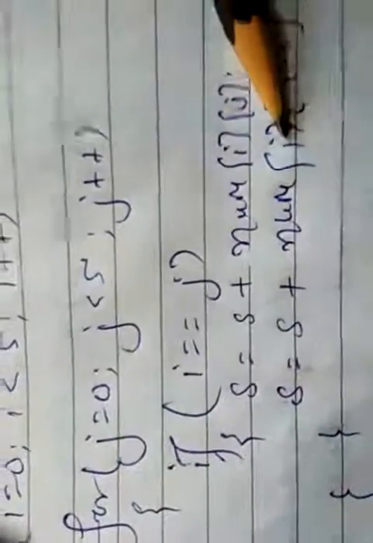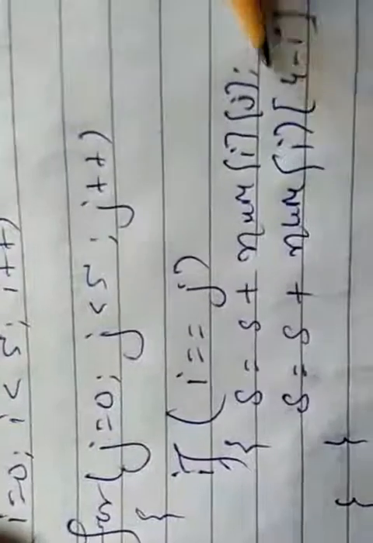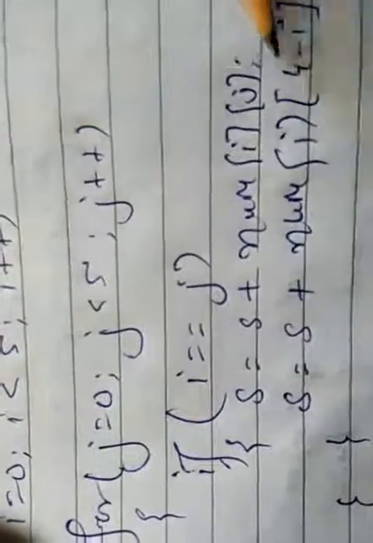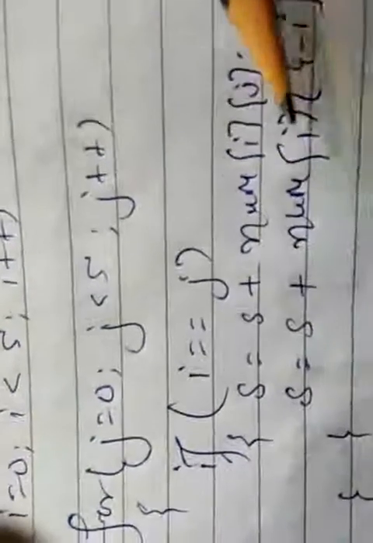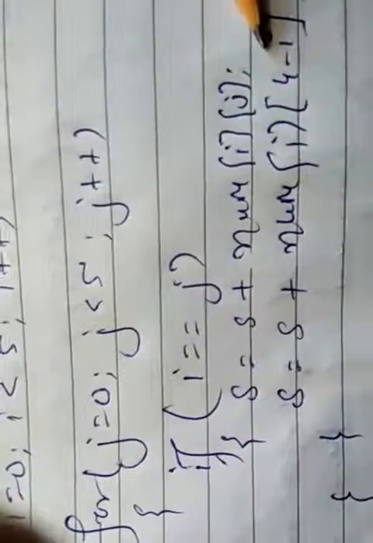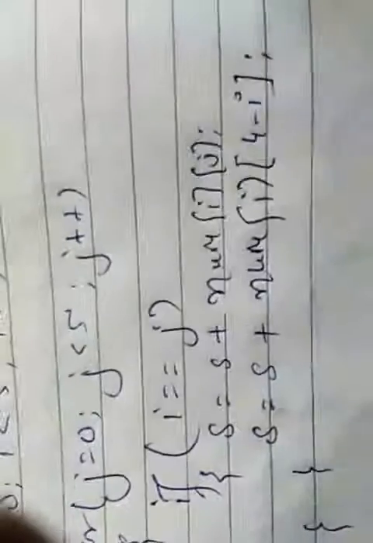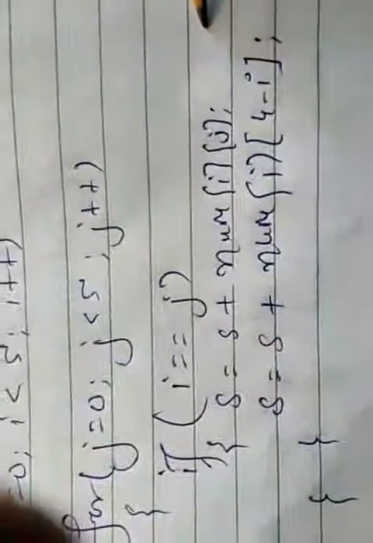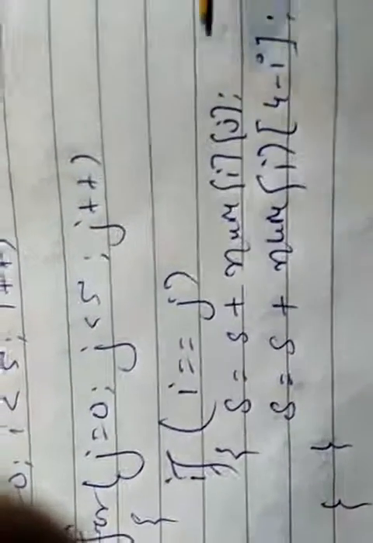And from here this will calculate the first value [0][4], that will be right to left. The second value will be [1][3], the third value will be [2][2], similarly [3][1] and [4][0]. So this will calculate the sum of the left to right diagonal, and this will calculate the sum of the right to left diagonal.